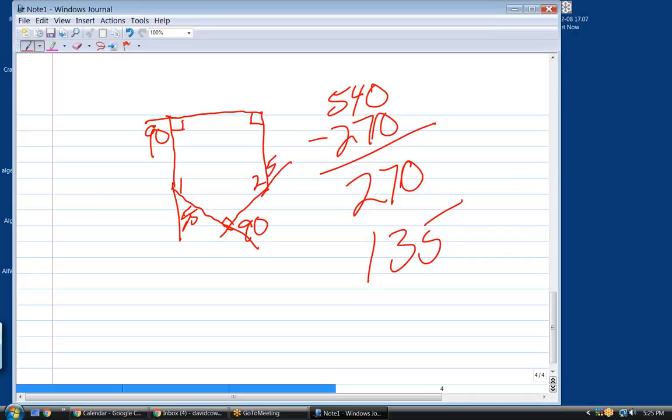That would be 45 down here. And that would be 90. So I got 270 plus 90. Interesting. The sum of the exterior angles on this also add to 360.